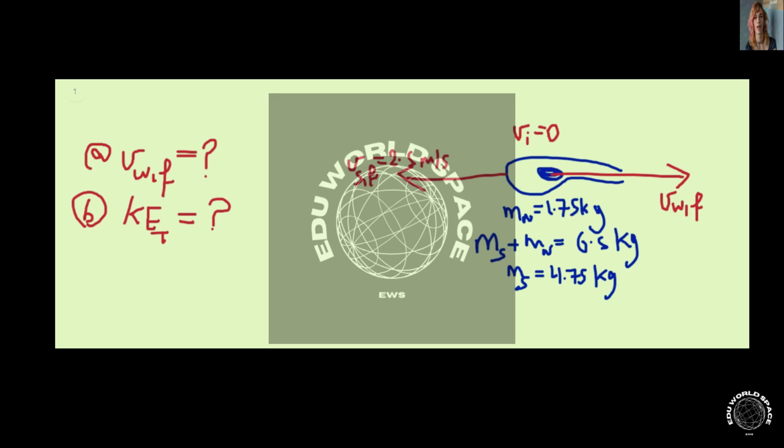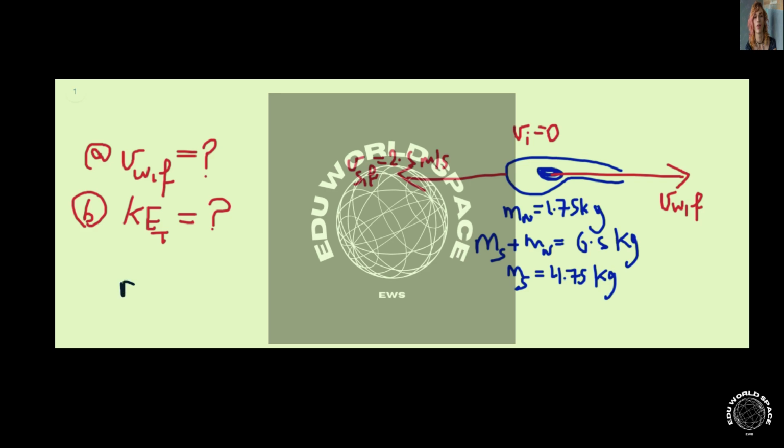This is a type of collision problem. It is more like an explosion, but we still can think about it like a collision. One thing I want to bring to your attention is to figure out the number of particles or objects in the problem before the explosion, or before the expelling, and after the expelling.